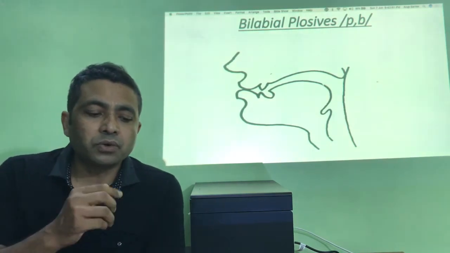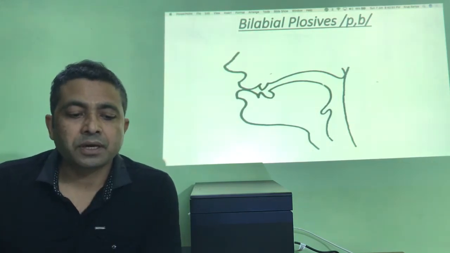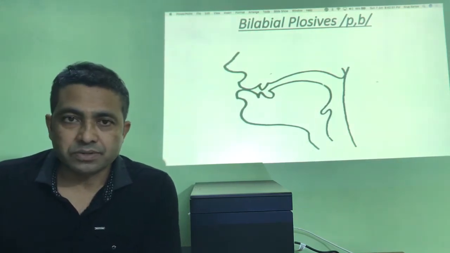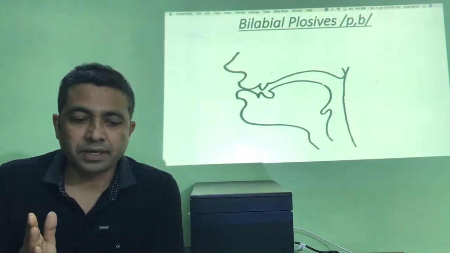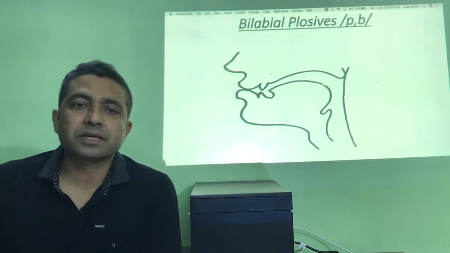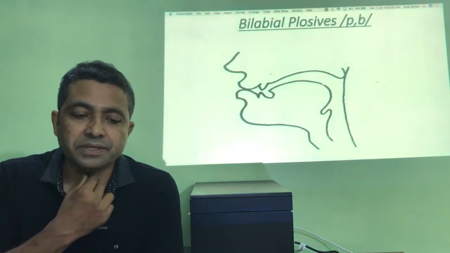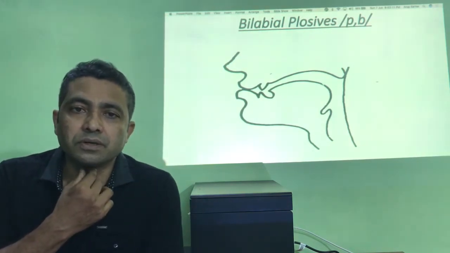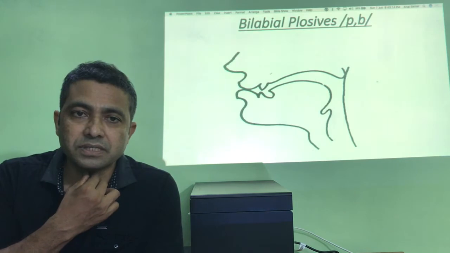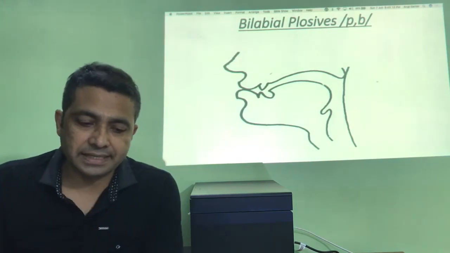/p/ and /b/, though the place of articulation is the same, the lips, and the manner is also similar, they sound different because the difference is made at the vocal cords. During the pronunciation of /p/, the vocal cords are held apart, and the sound is voiceless.